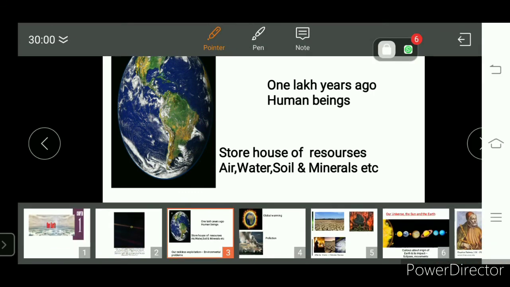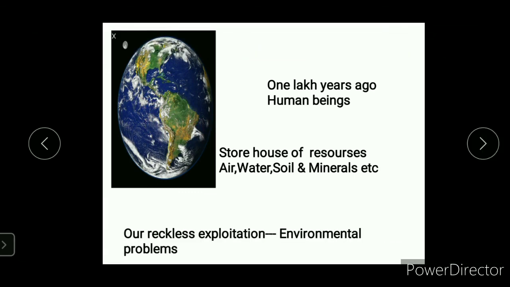That means we are the product. Life is the product of the constant changes taking place on the earth, right? Still the changes are taking place, and those changes will bring many changes in our life. So we want to know how it will be useful for us.